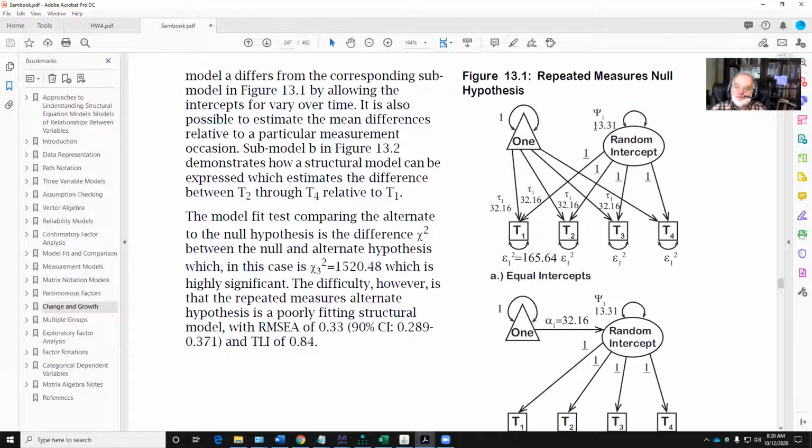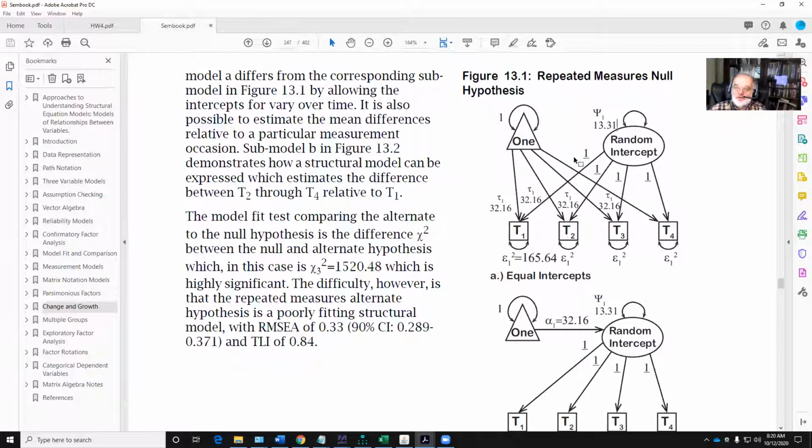In terms of the language that we've had so far in the class, this is a random intercept model, or equivalently, I could say the variance here is 1, and each of these loadings is the same, because that model would also fit the data just as well, the tau equivalent model.